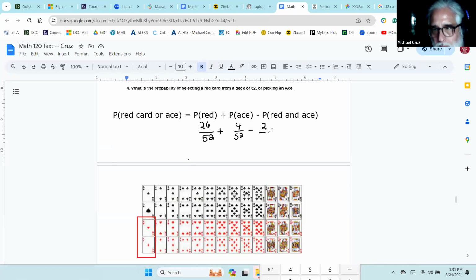Two of the aces are red. These are not mutually exclusive because they can be both red and ace. So this is going to be 26 and 4 is 30, minus 2 would be 28 over 52.